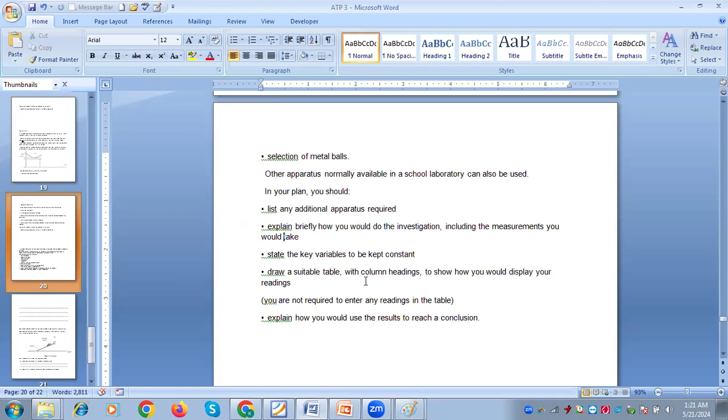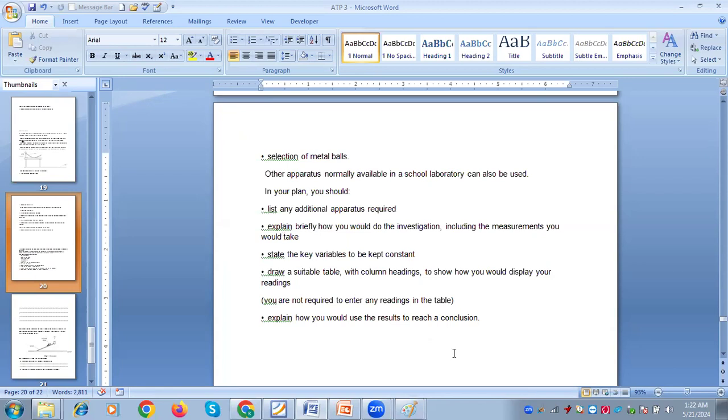Okay. Now let us see what is asked in the question. Readings are not to be written. Okay, we have drawn the table, explain how you result to reach the conclusion. Okay, so you will see what is happening when D is changing, when angle is changing. When angle is changed, what will happen to the value of D?